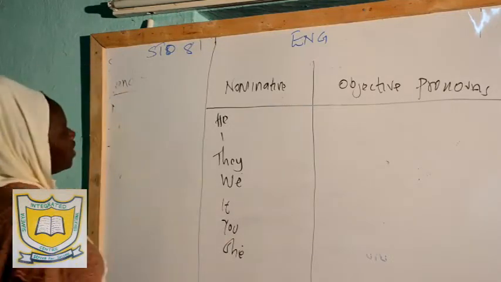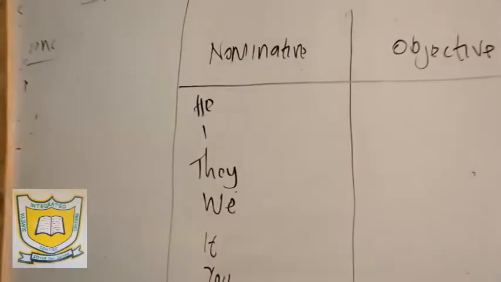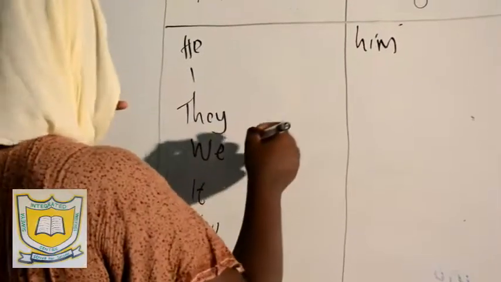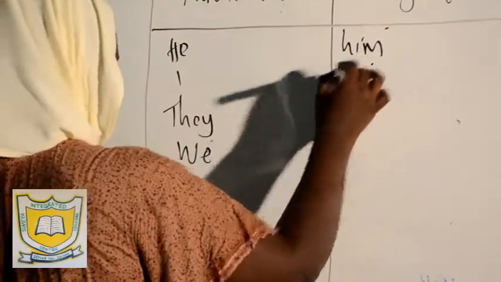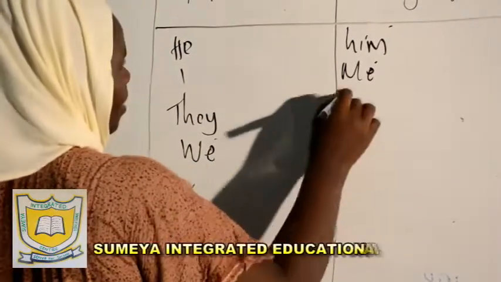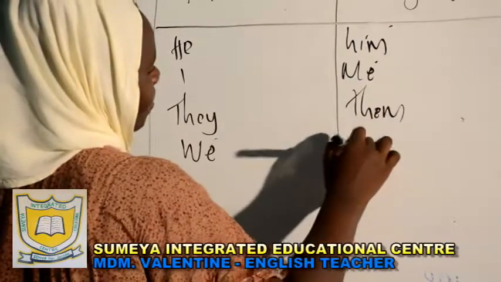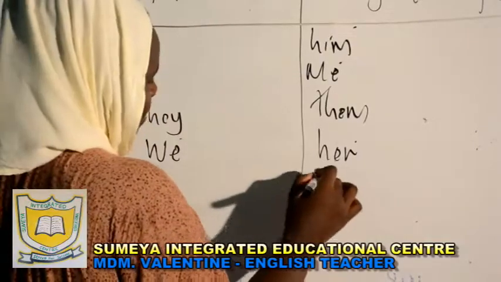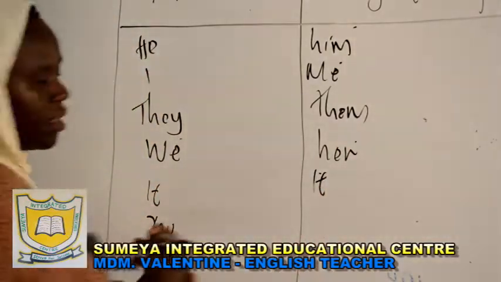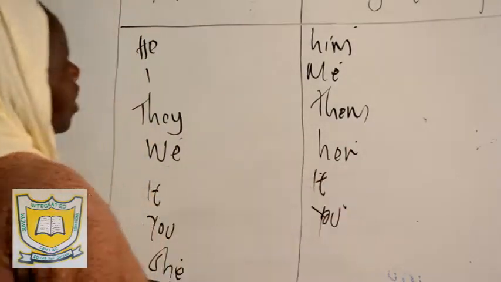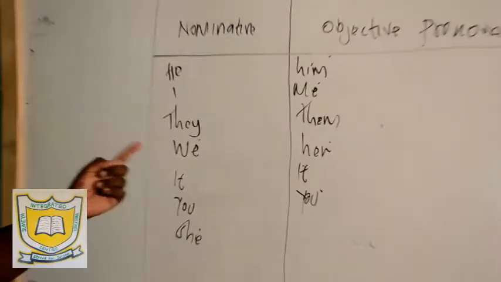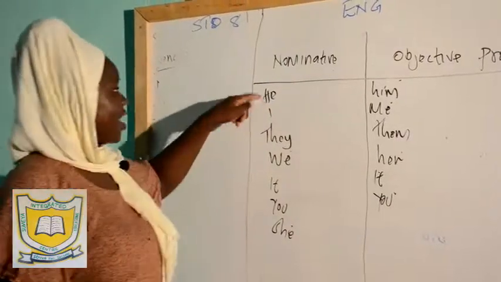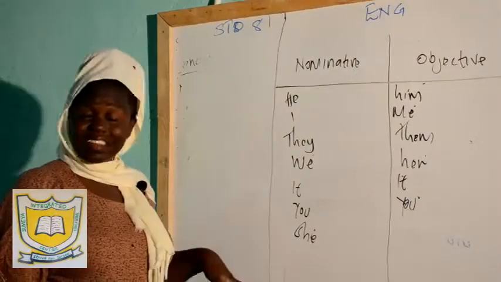Then for objective pronouns you can have you, him, me, them, her, it. It can be third person, first person, or second person. Or you can also have the nominative: he, I, they, we, it, you, and she.